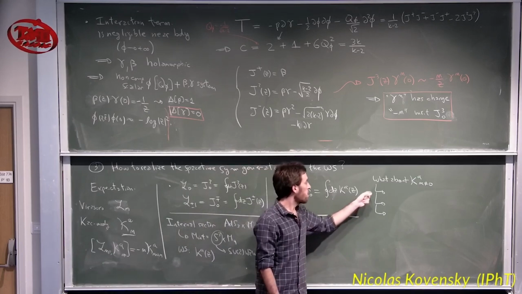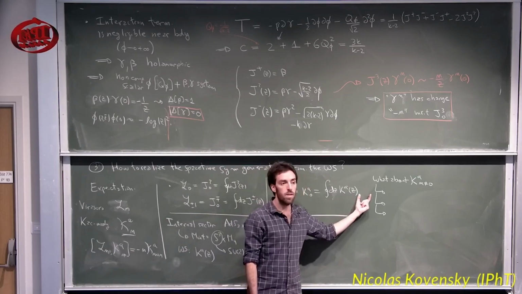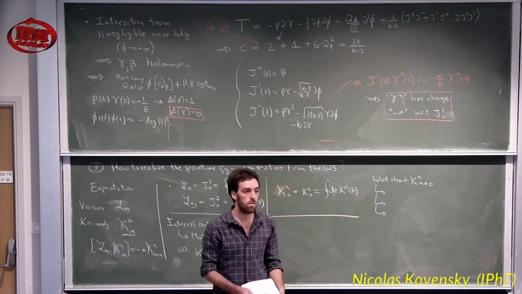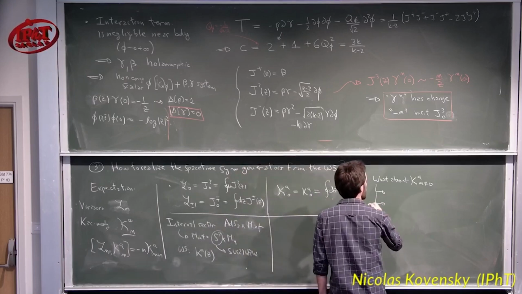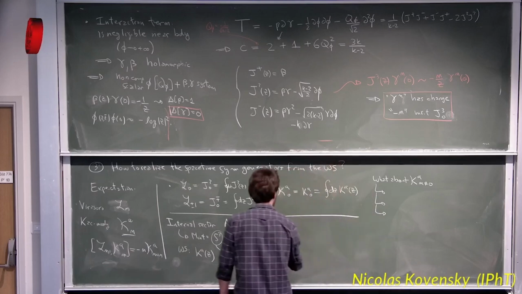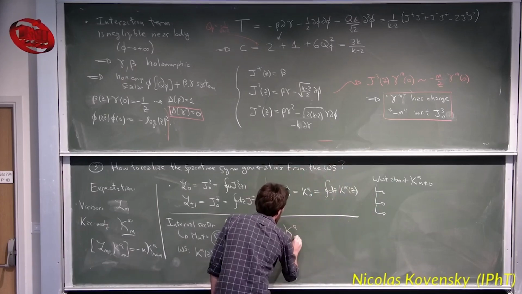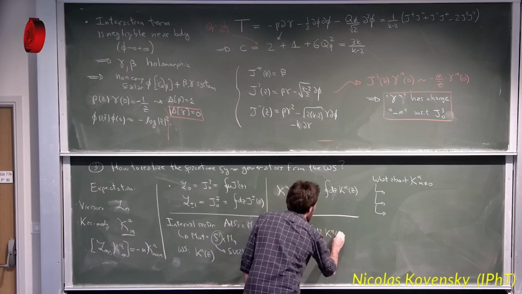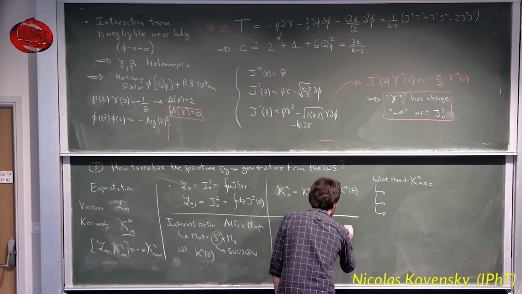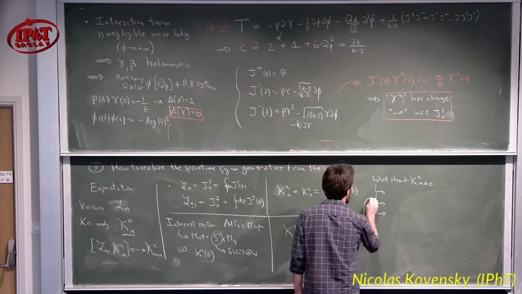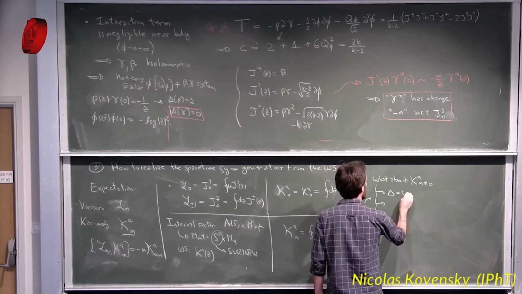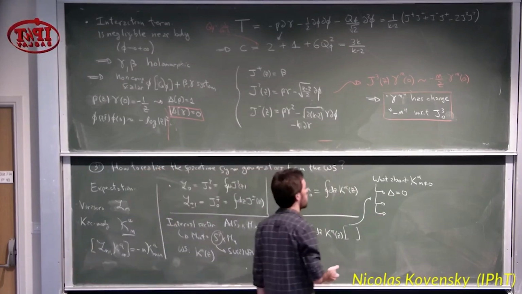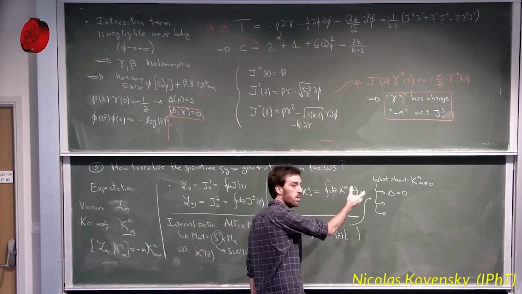So I need to add something here, and that something has to satisfy basically three things. First of all, if I add something here, say I'm going to propose something like this, that something should have worldsheet dimension 0, because I still want to integrate on that without changing anything, and this is a conserved current, and it has weight 1.